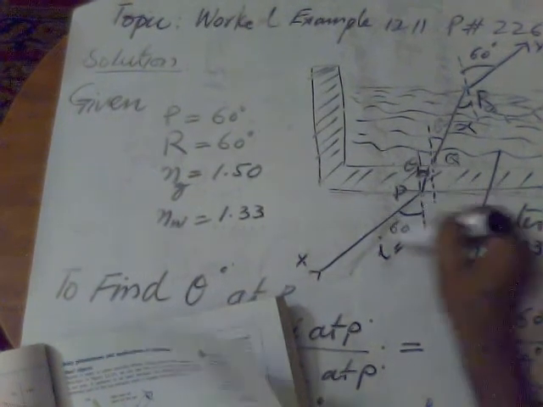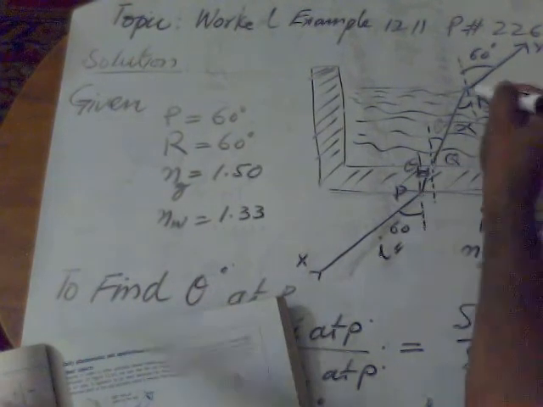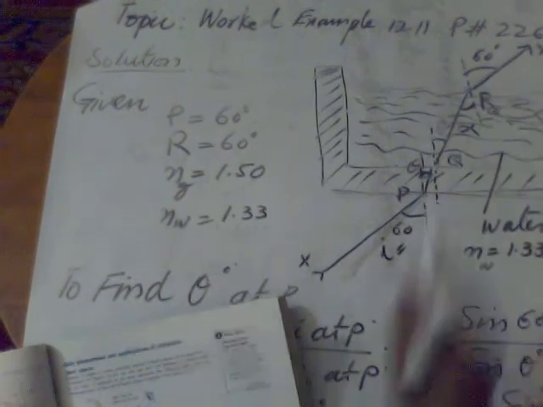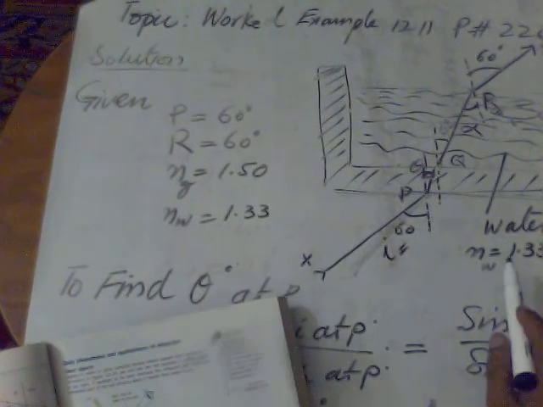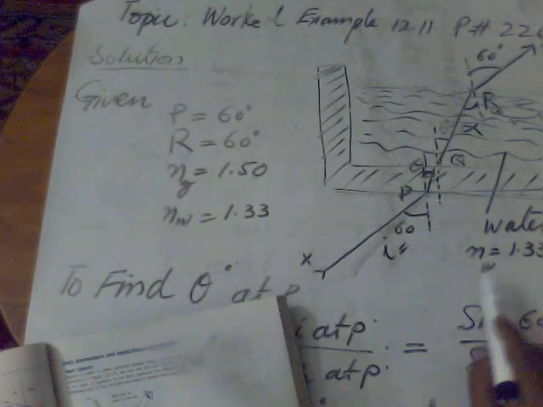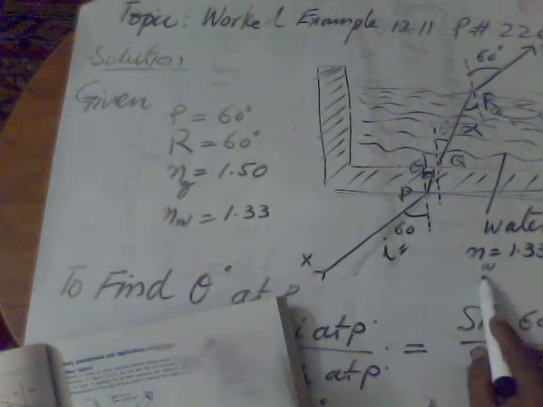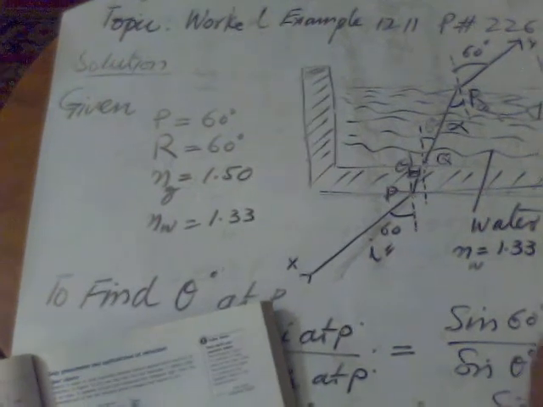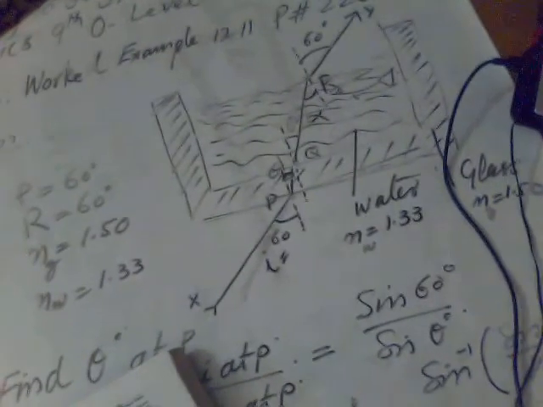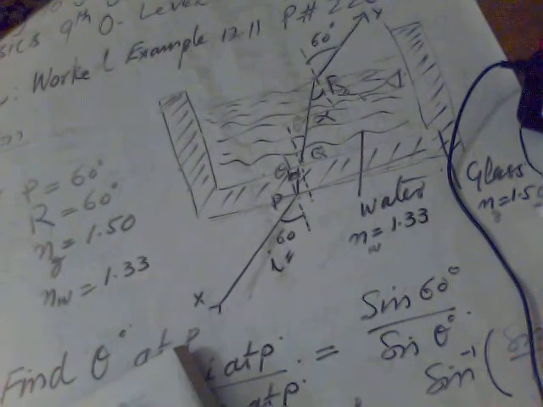This set is for glass and this set is for water. Two things are given in the question: the refractive index of water, 1.33, and the refractive index of glass, 1.50.